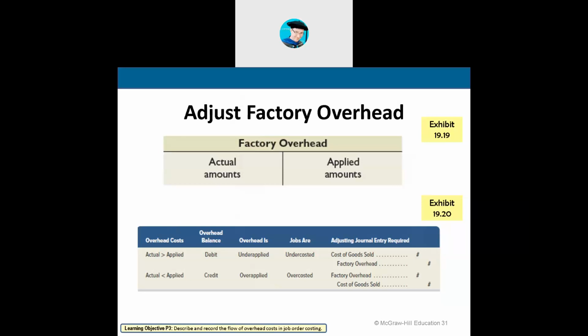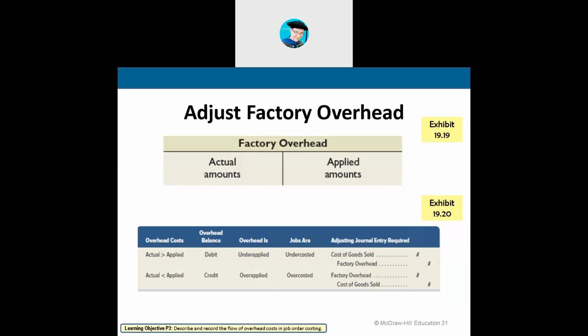If the actual amount of factory overhead is greater than the applied amount, then we call this under-applied overhead, in which case we need to make an adjusting entry where we debit the cost of goods sold and credit factory overhead. This increases the factory overhead to its actual amount.